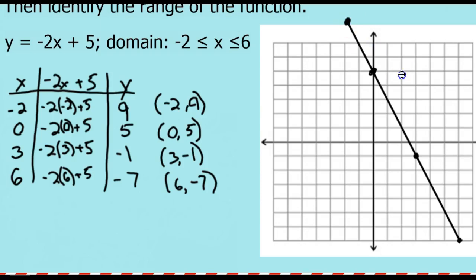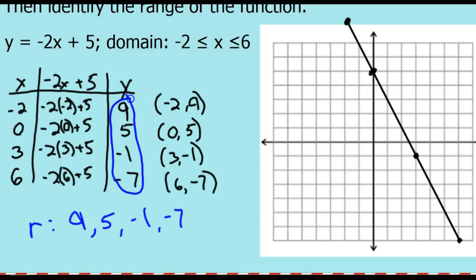Go from there down to there. So it can only go to negative 2 and 6. Our range is 9, 5, negative 1, and negative 7. Now you could have picked any numbers in between negative 2 and 6 that you wanted to. I just picked negative 2, 0, 3, and 6 just because.